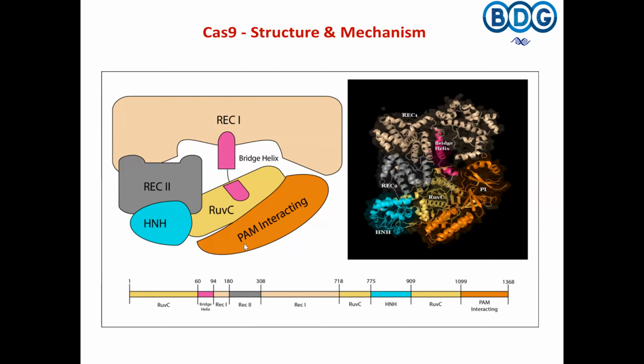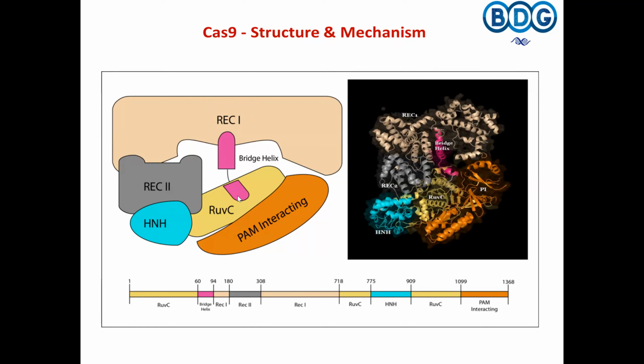The PAM interacting domain is the one which binds to the DNA. So this is the DNA binding region of the protein. The receptor 1 domain is the one which binds the guide RNA. The scaffold sequence of the guide RNA is bound to the receptor 1 domain of the protein. And this bridge helix relays the conformational change.